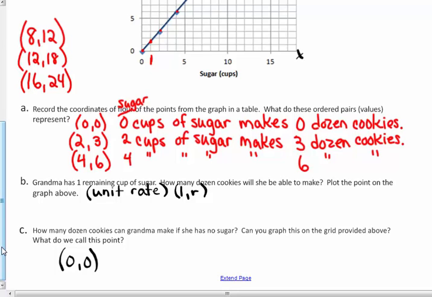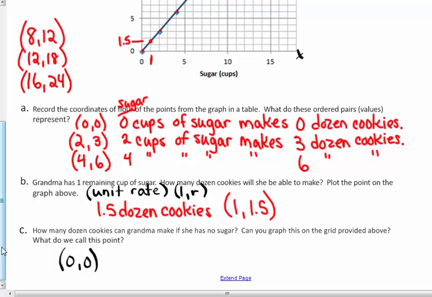She can make 1.5 dozen cookies with 1 cup of sugar. I read that point there. When x is 1, the y value is 1.5.